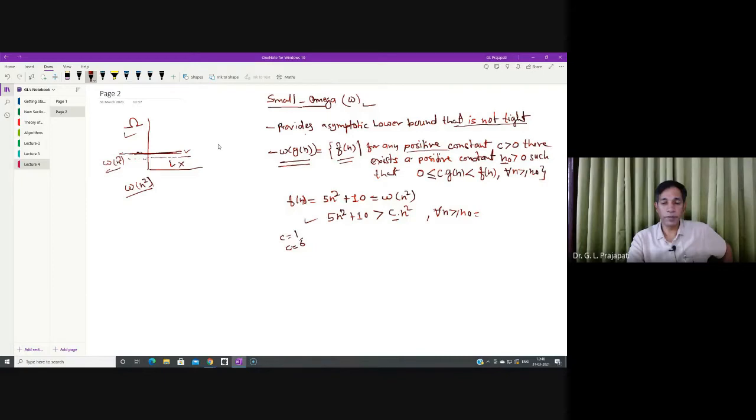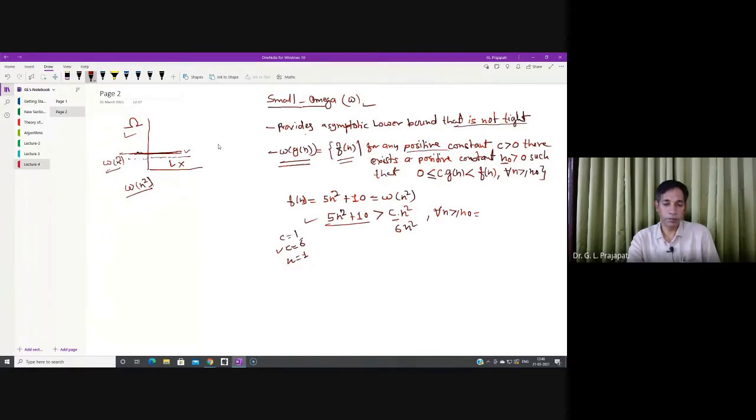Here you have C equal to 6, and if n is equal to 1, so what happens here? Here you have taken 6 n square. So if n is equal to 1, then 5 plus 10 is 15, and here you have 6.